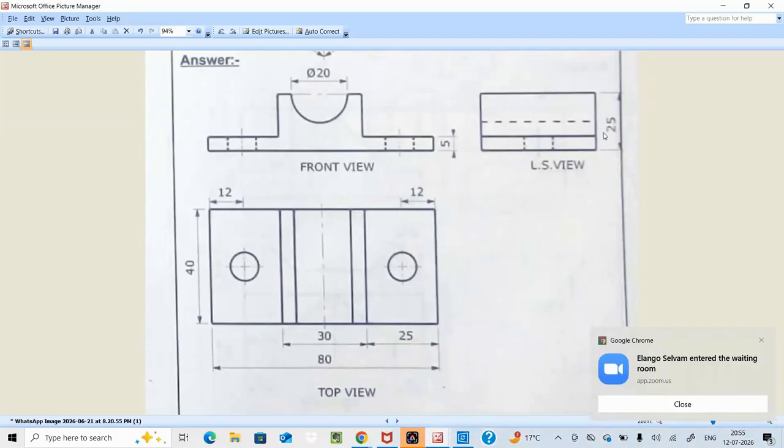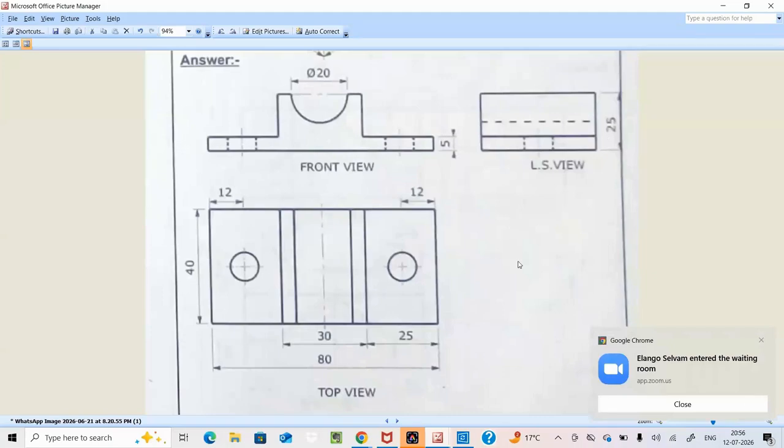So for that reason, we have taken 25. The only confirmation here is this circle is not touching this 5 mm line. If you see, this circle line is just here, and we just know this is a 10 mm radius. From here we are not sure about the dimension, so for that reason we are taking it as 25.